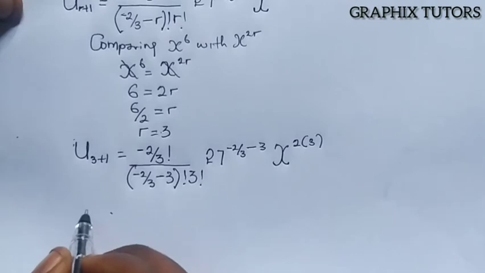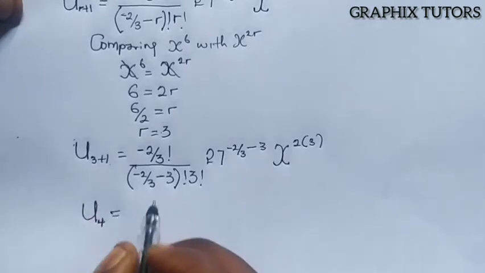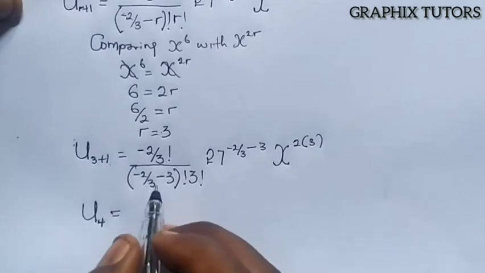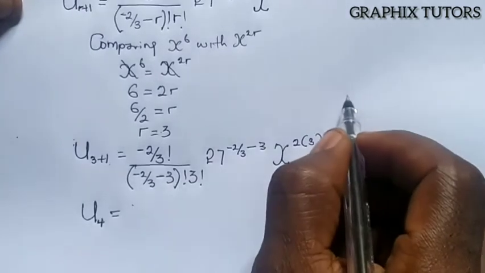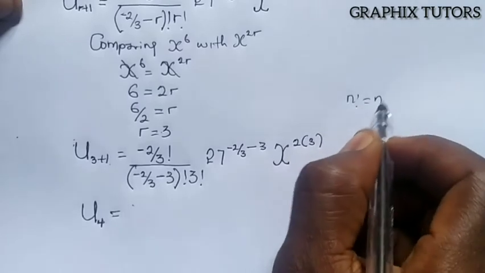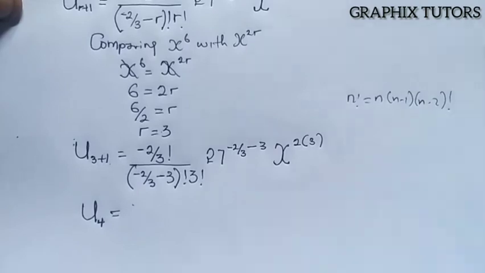So we now have u4, since 3 plus 1 is 4. We know that n factorial is equal to n times n minus 1, n minus 2, and so on and so forth, factorial.